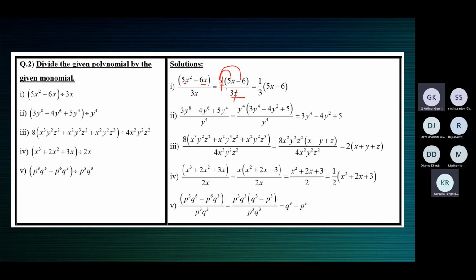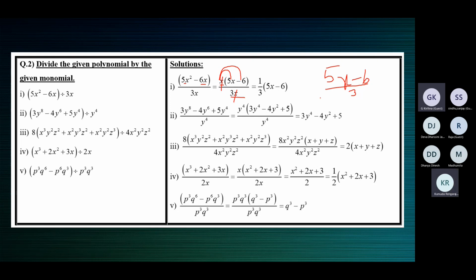In the numerator you have nothing. So 1 by 3 of 5x minus 6. Or you can also write it as 5x minus 6 by 3, or 1/3 of 5x minus 6.